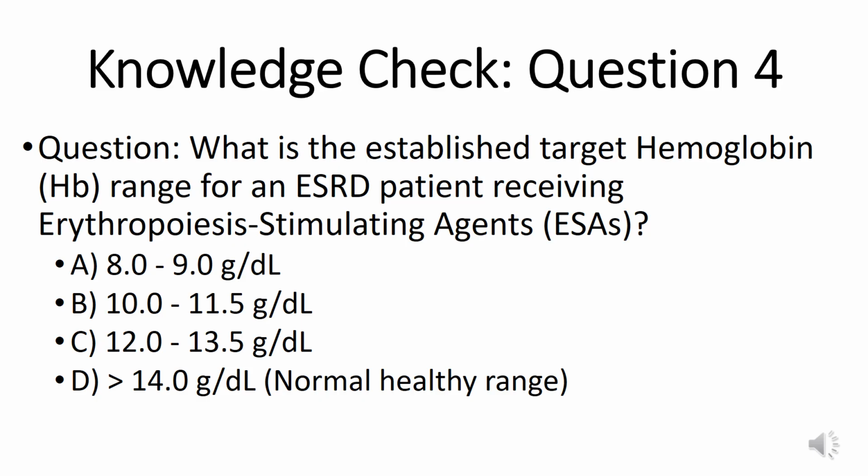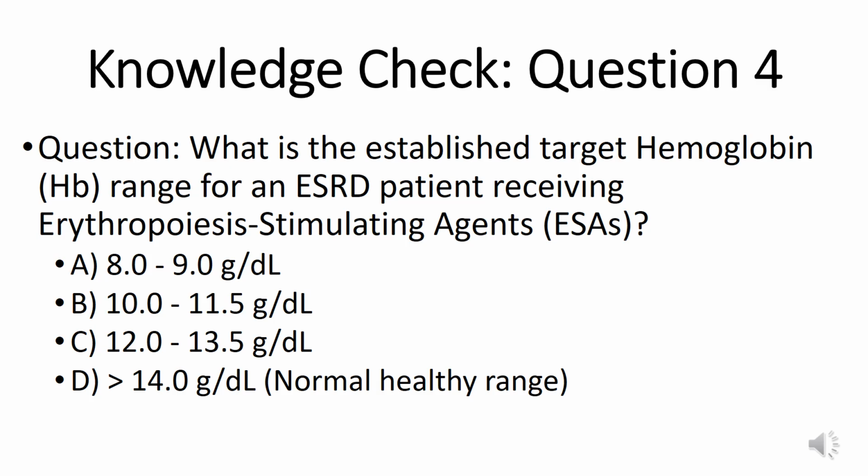This range provides adequate oxygen carrying capacity for most patients and improves quality of life without exposing them to unnecessary risk. Many people assume that achieving normal hemoglobin values is always beneficial. However, studies have shown that aggressively increasing hemoglobin to levels seen in healthy individuals can be harmful in patients with chronic kidney disease.